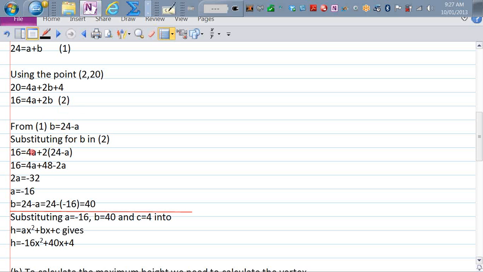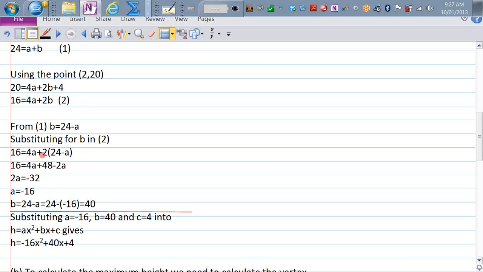So I get 16 equals 4a, and instead of 2b, I'm going to replace the b with 24 minus a. So the reason I do that is I get everything in terms of a. I'm eliminating the b term, so I can solve just for a.